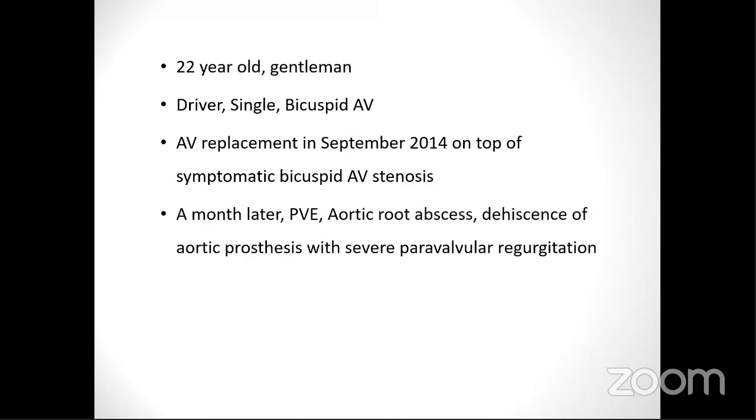One month later, the patient developed prosthetic valve infective endocarditis associated with aortic root abscess, dehiscence of the prosthesis, and severe perivalvular regurgitation. It was associated with congestive heart failure, functional class 4.